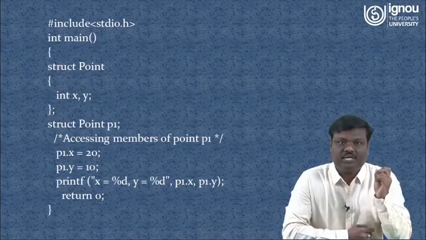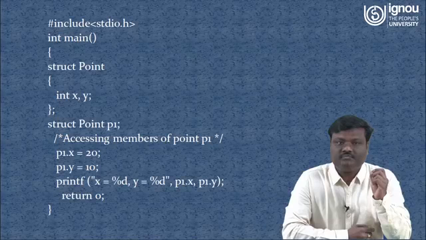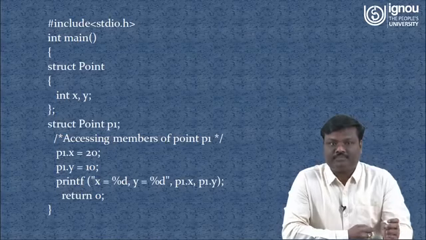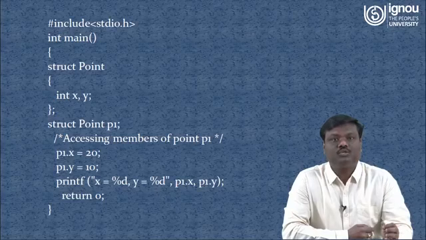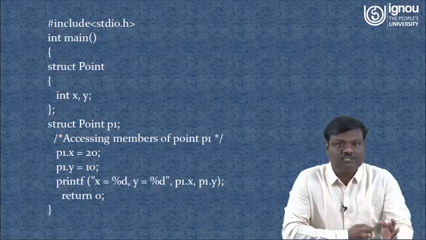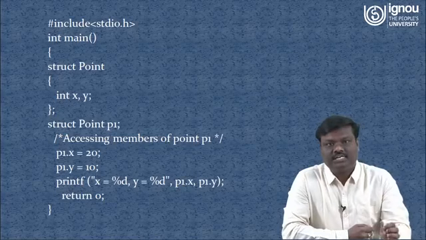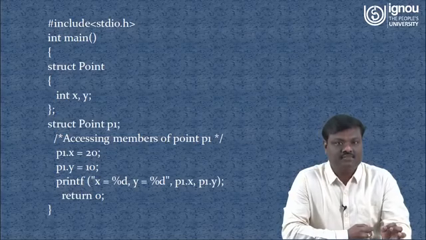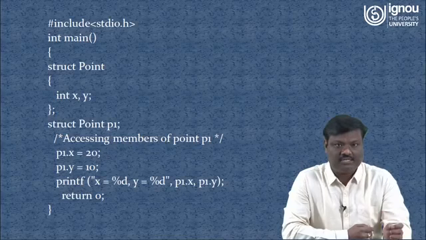This is the main program, and here we are trying to declare a structure, struct point. It has 2 members inside, int x and int y. Combined also we can declare the members as int x, y, and then p1 is the structure variable we are taking. So struct point p1 is declared at the start of the program.